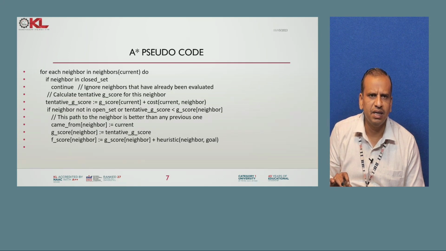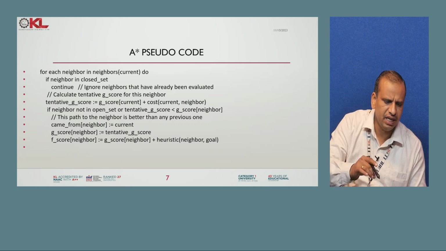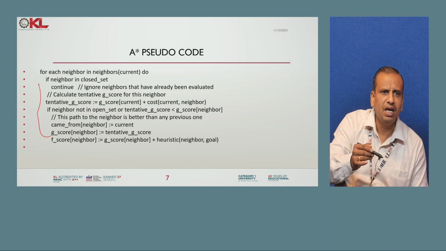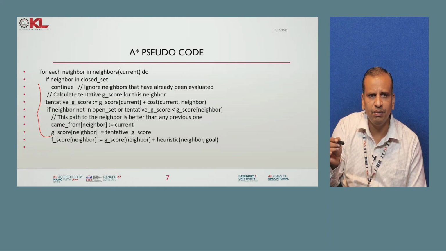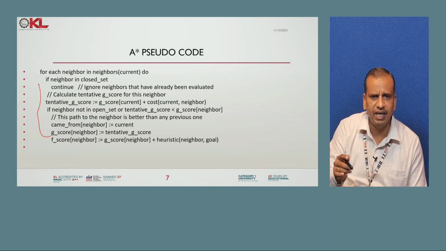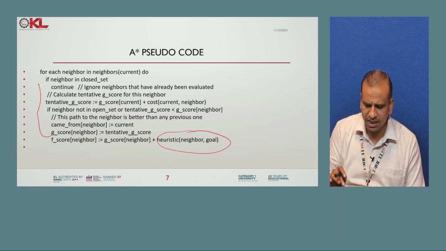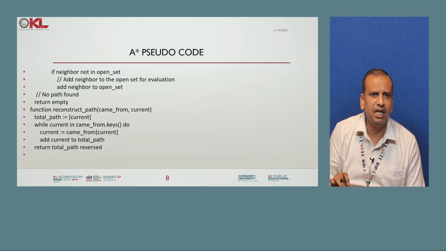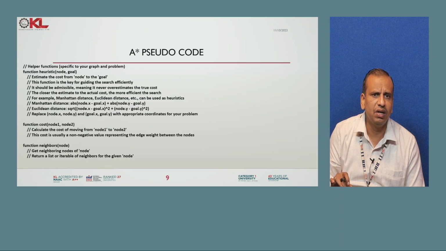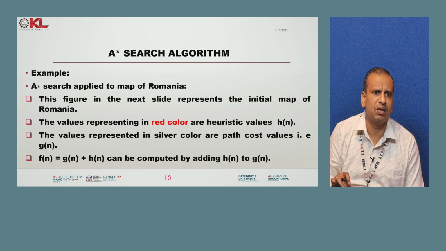For each neighbor, how do we calculate? Select all the probable moves and calculate the heuristic function each time until we get the optimal solution. These are all the in-depth steps of the pseudocode for the A star algorithm.